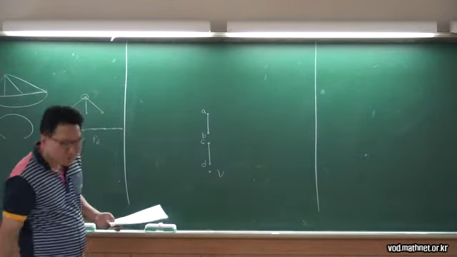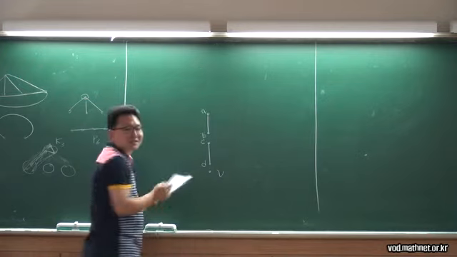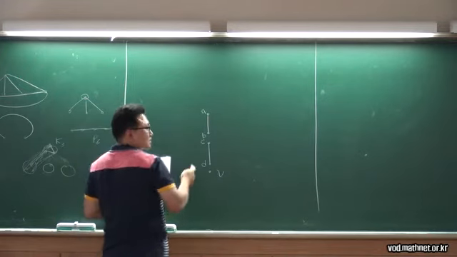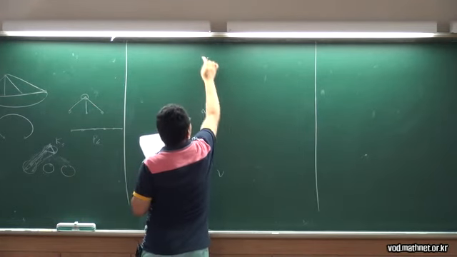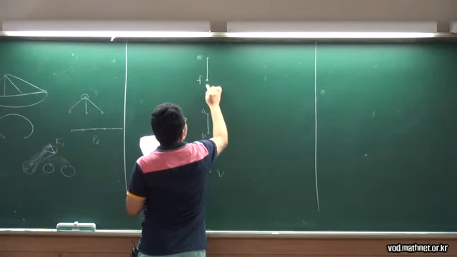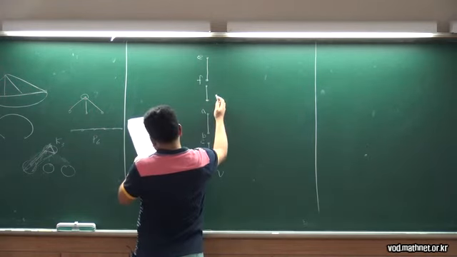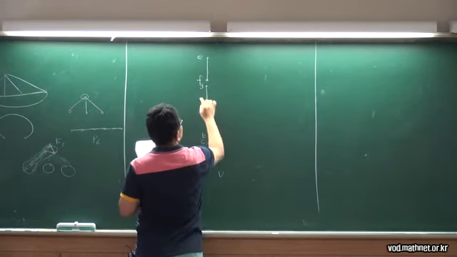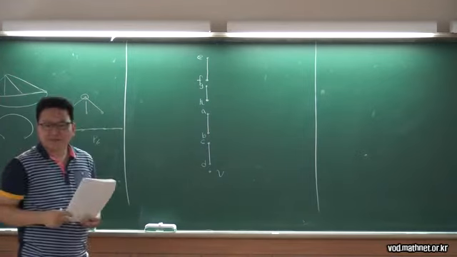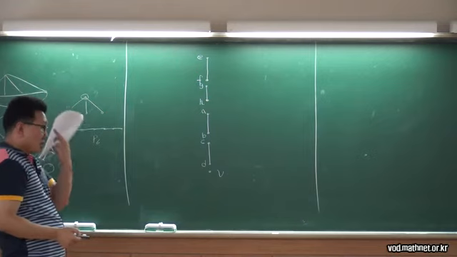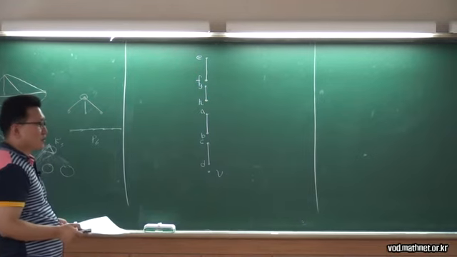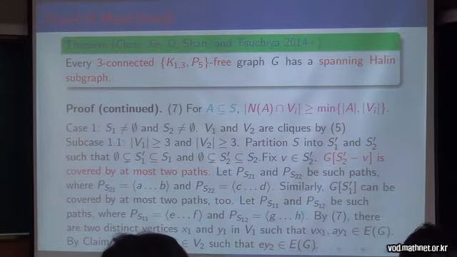Similarly, we can also prove that the G S1 prime part can be covered by at most 2 paths. So this is E, F, and here is G and H. And we're going to use this one, because V and here, A and here.